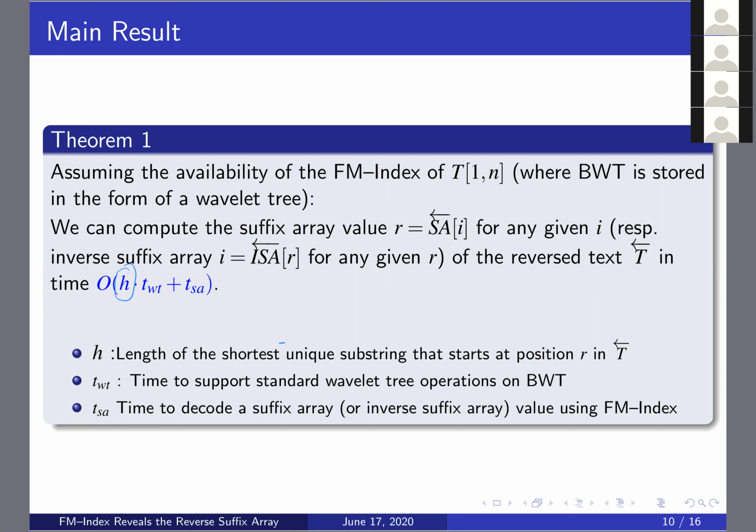So at each step, we perform some operations on the Burrows-Wheeler transform, and we assume that the Burrows-Wheeler transform is implemented with a wavelet tree. So the cost comes from the log time operations on this wavelet tree, and plus we need to access the forward suffix array or the inverse suffix array 1 time. So we also add this.